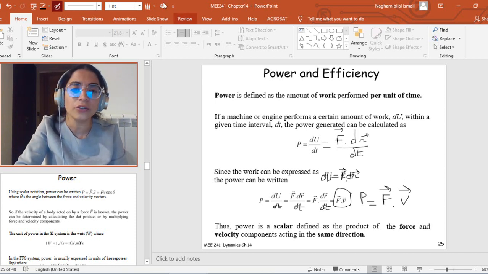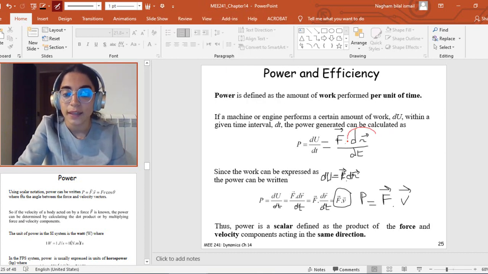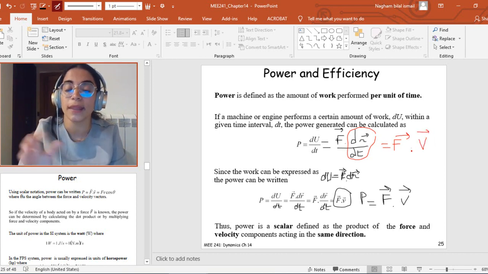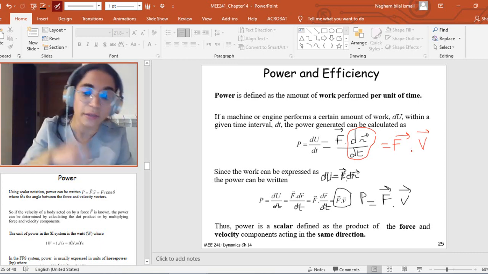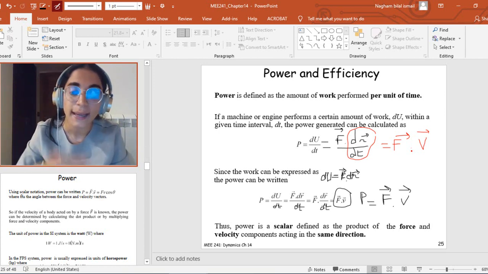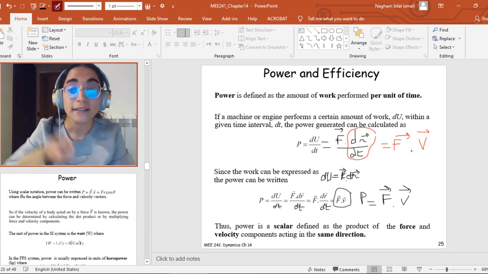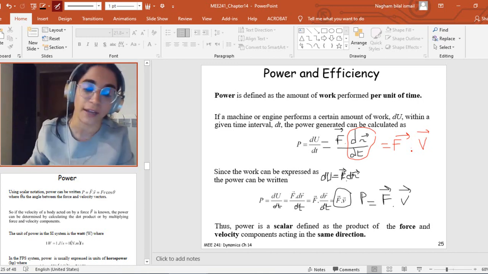Now guys, what do you think dr over dt is? This is the vector v, which means P is the dot product of the force F with the velocity v. So the power is equal to Fv cosine theta, or the force times the projection of the velocity on the line of action.